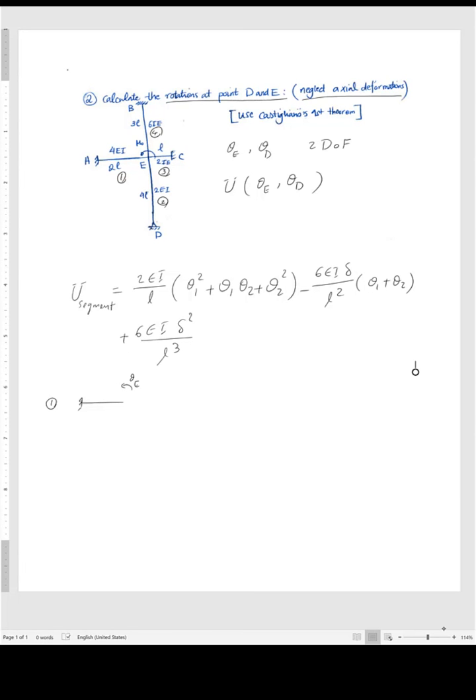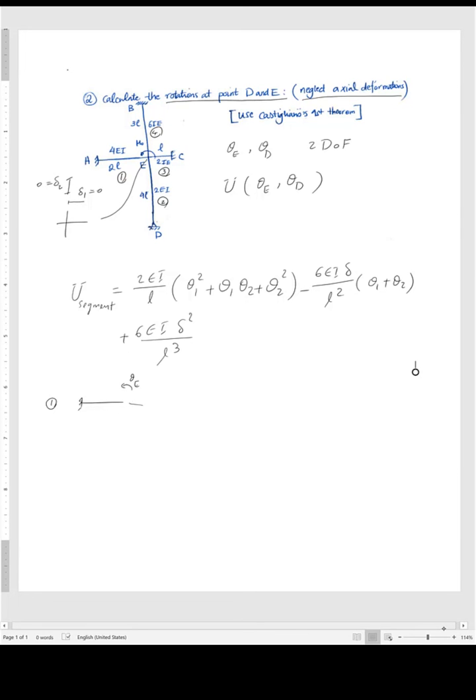So the middle point, which is here, cannot have any delta in the horizontal direction or delta in the vertical direction. Because if it has any of these two deltas, then it would mean that one of the members is getting shorter and the other is getting stretched, and we cannot have that based on what the question is saying here.